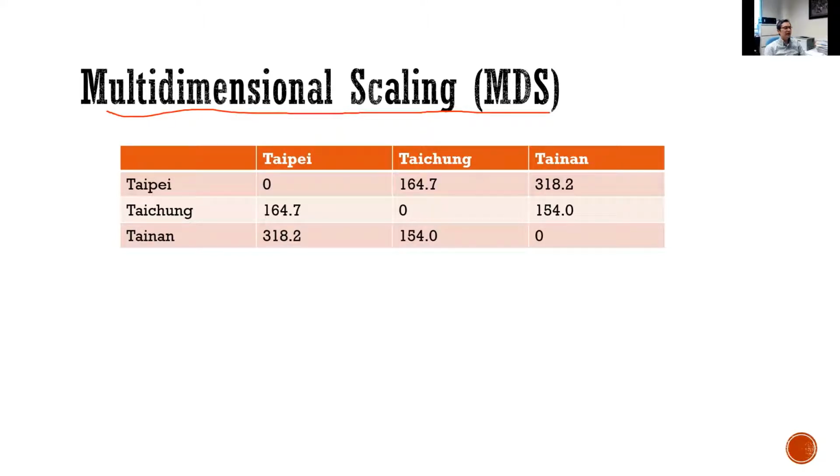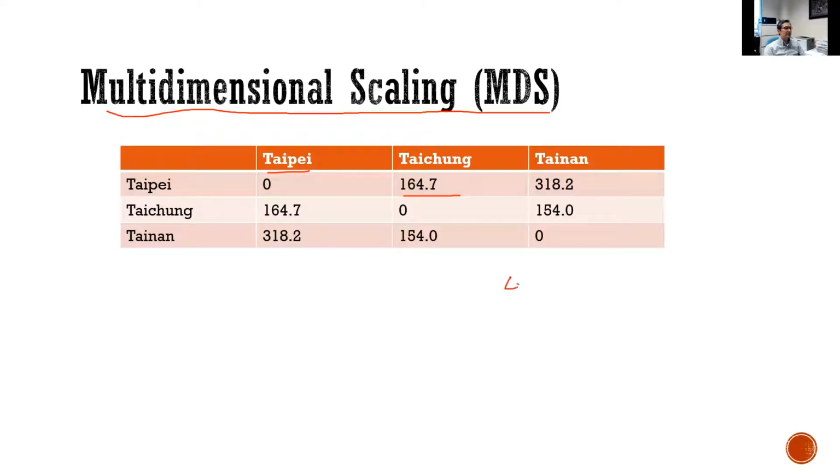For example, I gave you a distance matrix between 3 major cities in Taiwan. So we know from Taipei to Taichung, it's 164 kilometers.